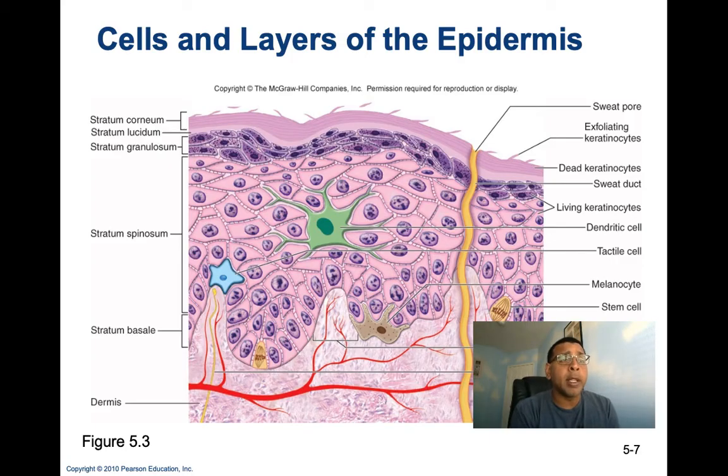The epidermis of thick skin consists of 5 layers or 5 strata and a thicker stratum corneum. Thin skin is found covering the rest of the body, and it is made up of 4 strata, or 4 layers.